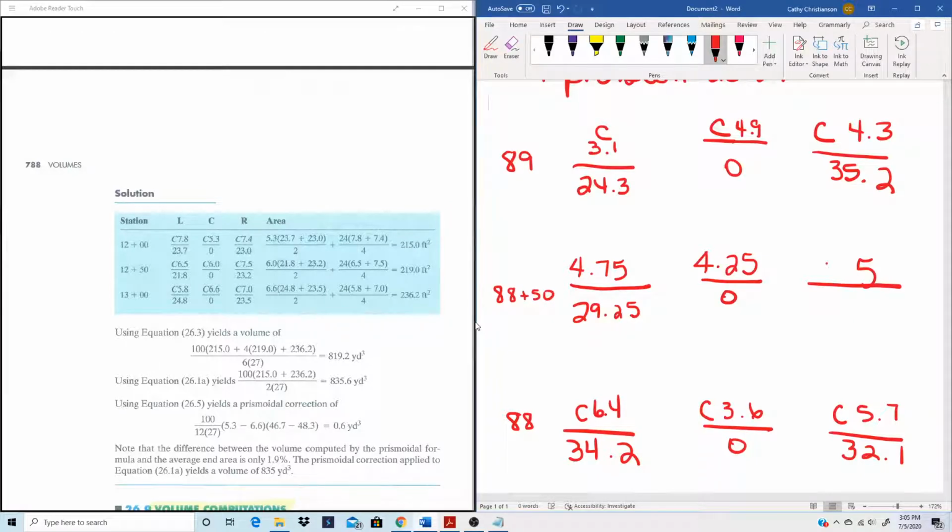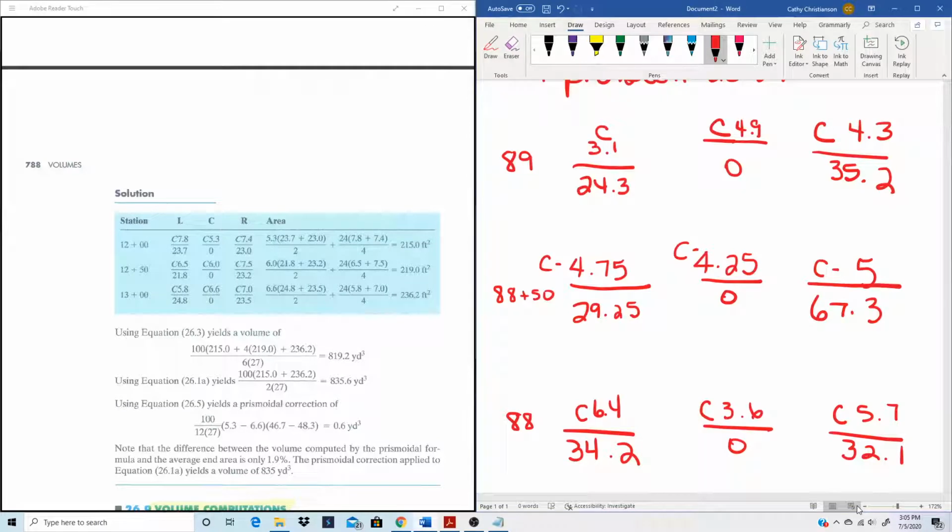And I should put a C there so you know these are in a cut section. And then my distance is going to be 35.2 plus 32.1, so I've got 67.3. All right, so there's my cross section.